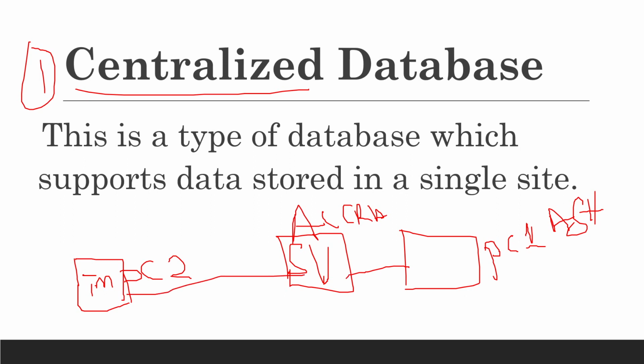Which means that if someone from Tema and someone from Ashaiman wanted to pull information from the server, they will all be mining. The server will serve one at a time. When it happens like that, both Tema and Ashaiman are mining the data from the server.